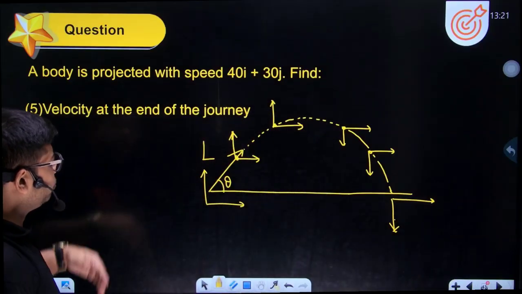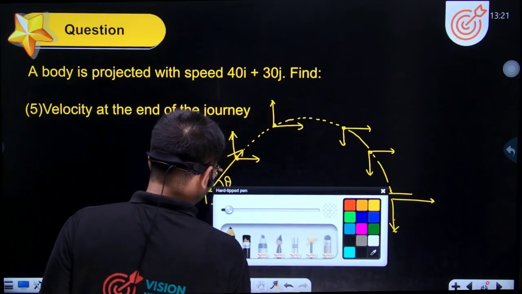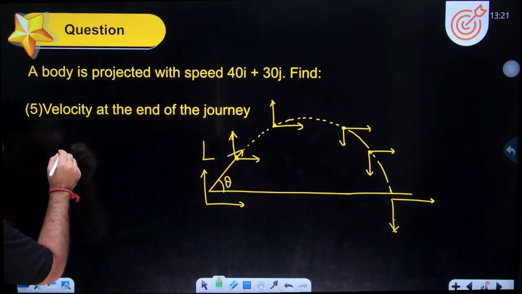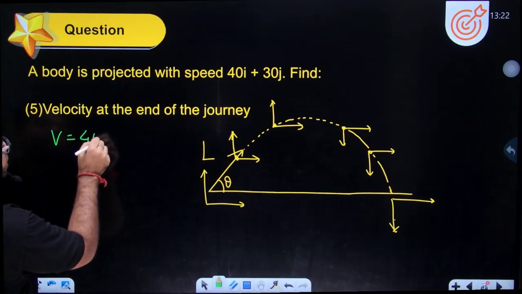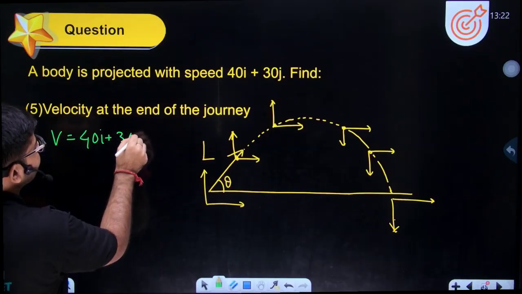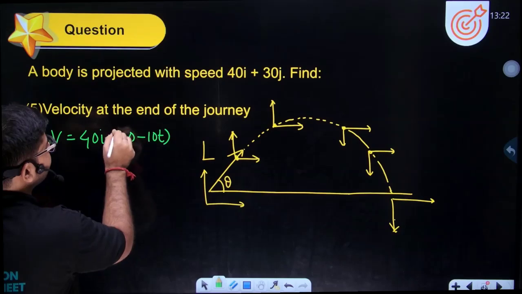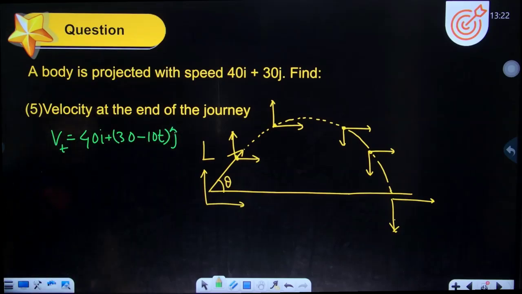Right? You can solve it from the equation also. The velocity equation is given to you, like 40i. Let us write the entire equation: 40i plus 30 minus 10t into j, with respect to time. Now the total time of flight is 6 seconds.